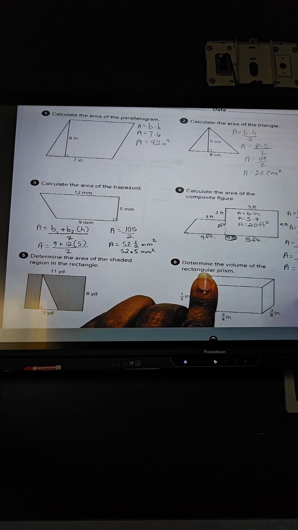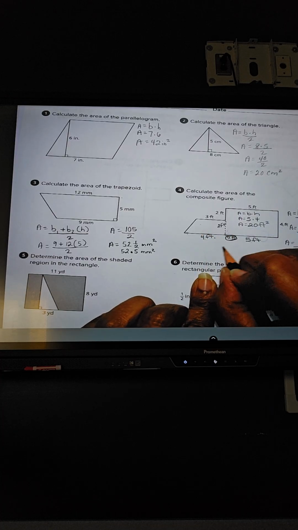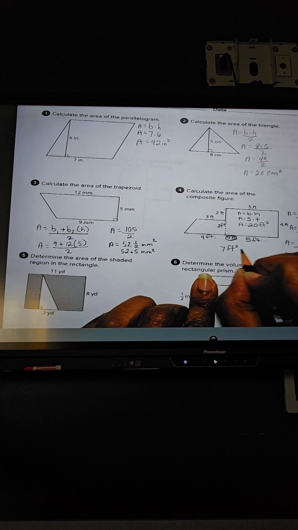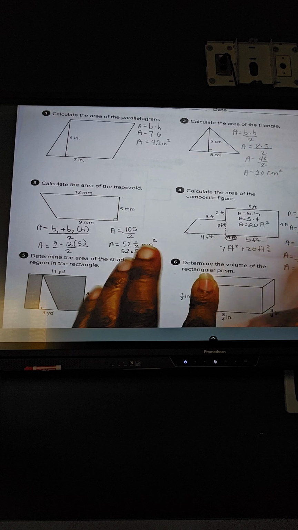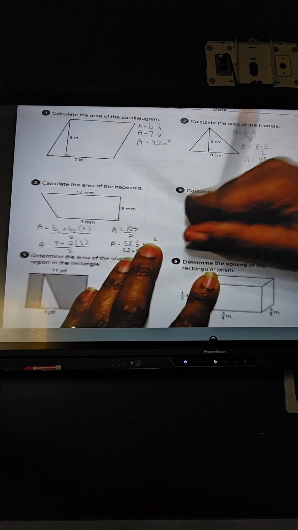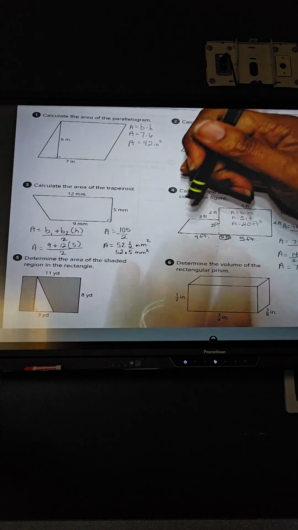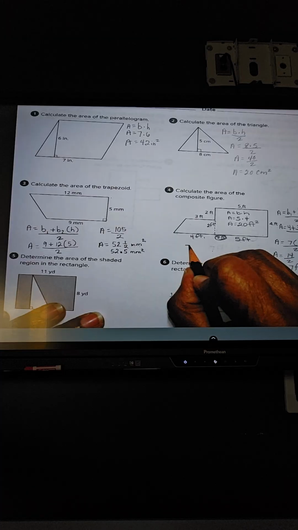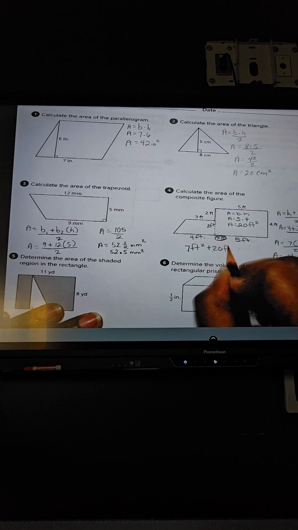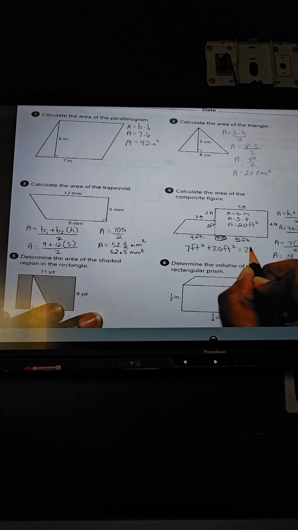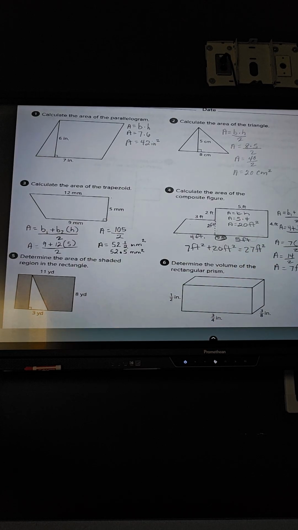So 7 feet squared plus 20 feet squared equals, let me move that over. 7 feet squared plus 20 feet squared equals 27 feet squared. Okay? All right, moving on.